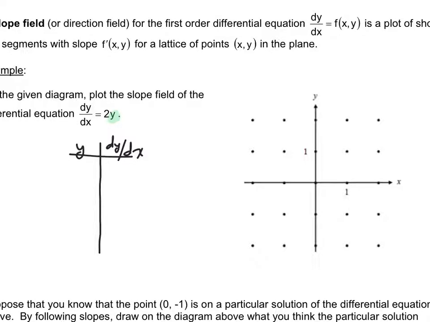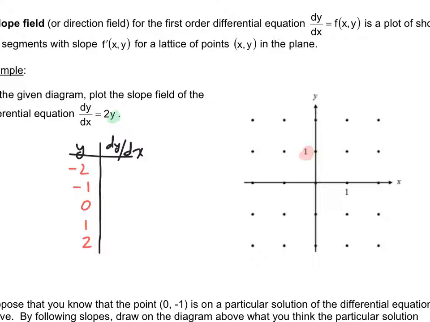If I go by the scale established here on my lattice of points, each dot is separated by 1 unit. So in terms of y, I'm going from -2 to 2: -2, -1, 0, 1, and 2.